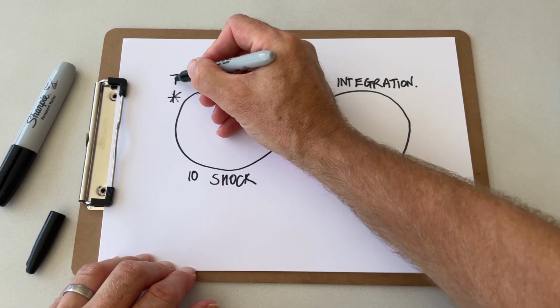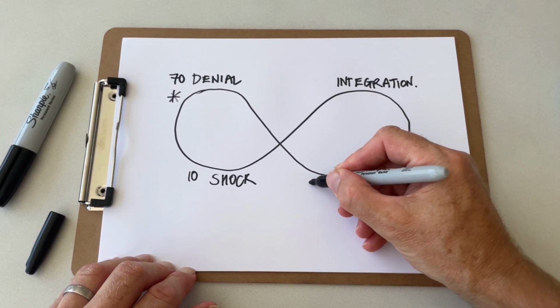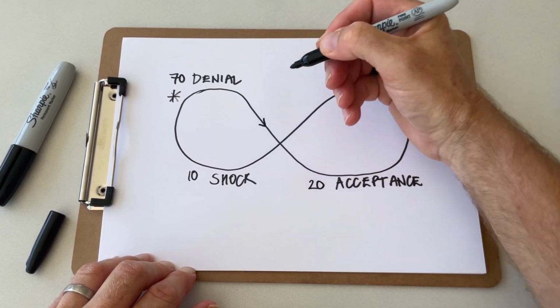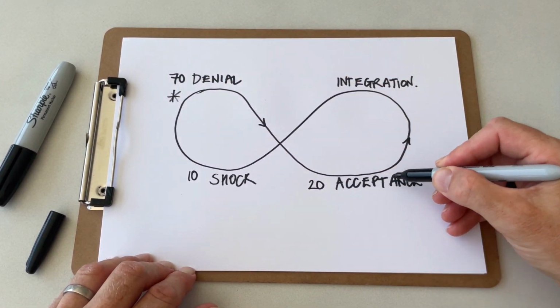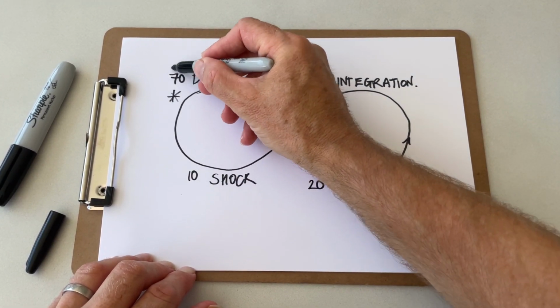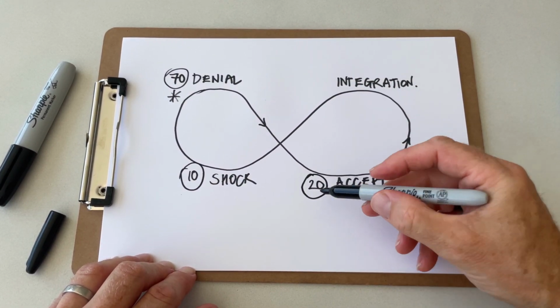The denial was driving about 70% of my behavior. And in terms of acceptance, there was some acceptance for it. So in terms of this curve, this was kind of the position in terms of that 100%. Mostly denial, a little bit of shock still, some initial acceptance.